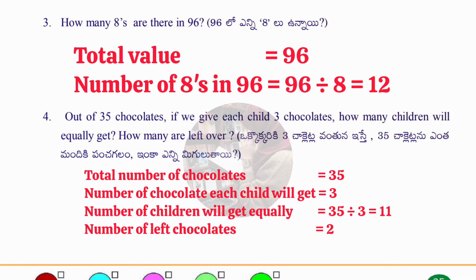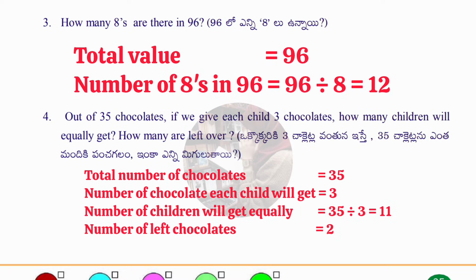Number of children who will get equally is 35 divided by 3. 3 ones are 3, 5 will come down, then 3 ones are 3, 2 will be left as remainder. So 11 children will get chocolates and 2 chocolates will be left. So number of leftover chocolates is 2.